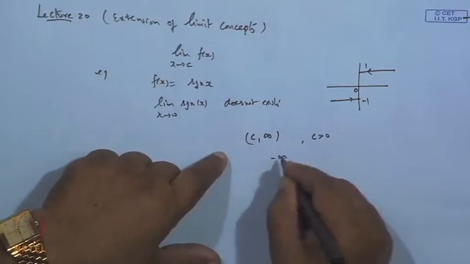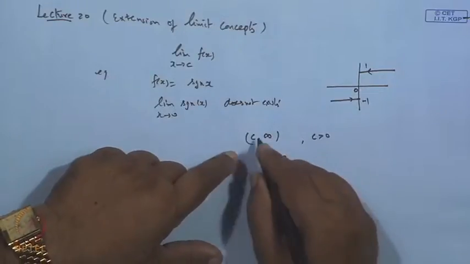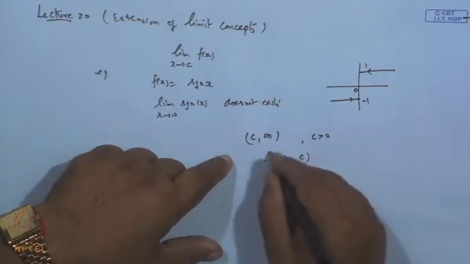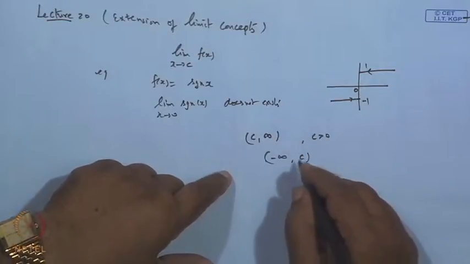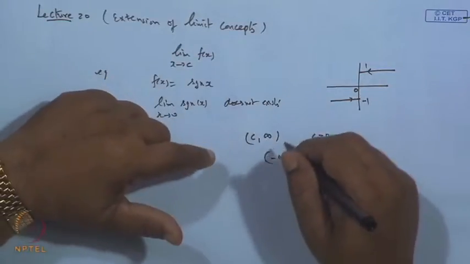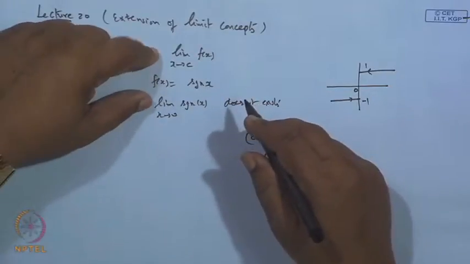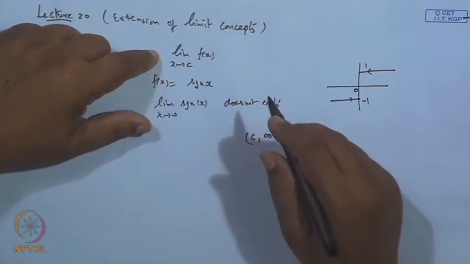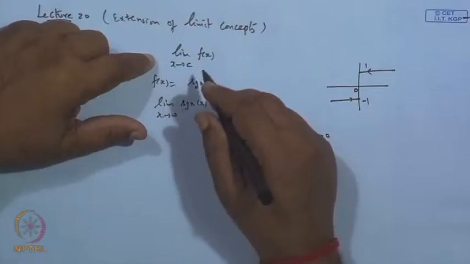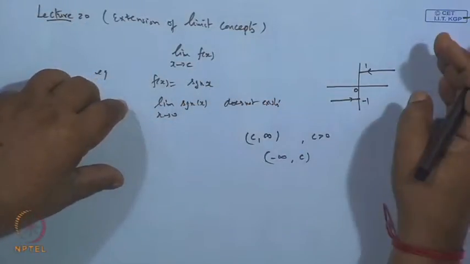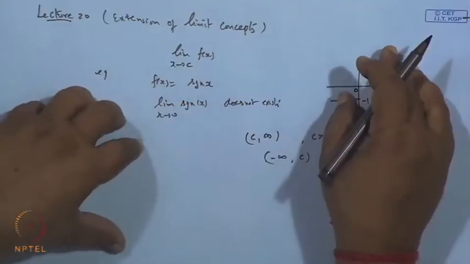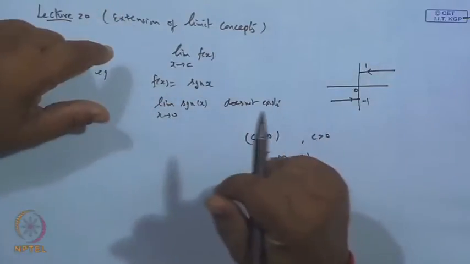Similarly, when you take (minus infinity, c), the left hand limit exists. So, though the limit does not exist, we can say the limit partially exists when you approach from the left hand side or from the right hand side. Individually the limits exist and may be different, that is a different matter.